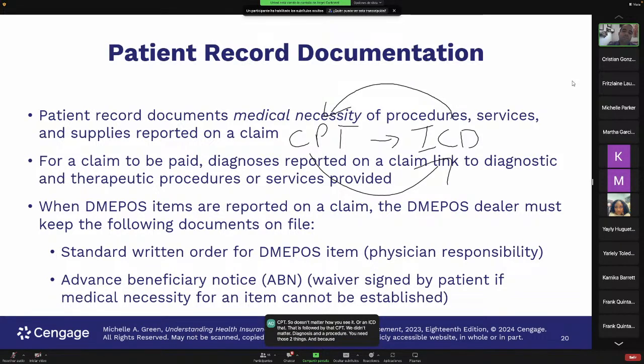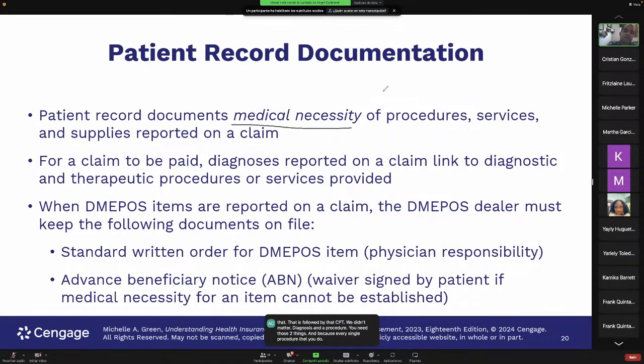And because every single procedure that you do needs its medical necessity, we need to figure out how we are documenting those things. So for every single claim to be paid, the diagnosis reported on the claim has to link to the procedure. Okay.